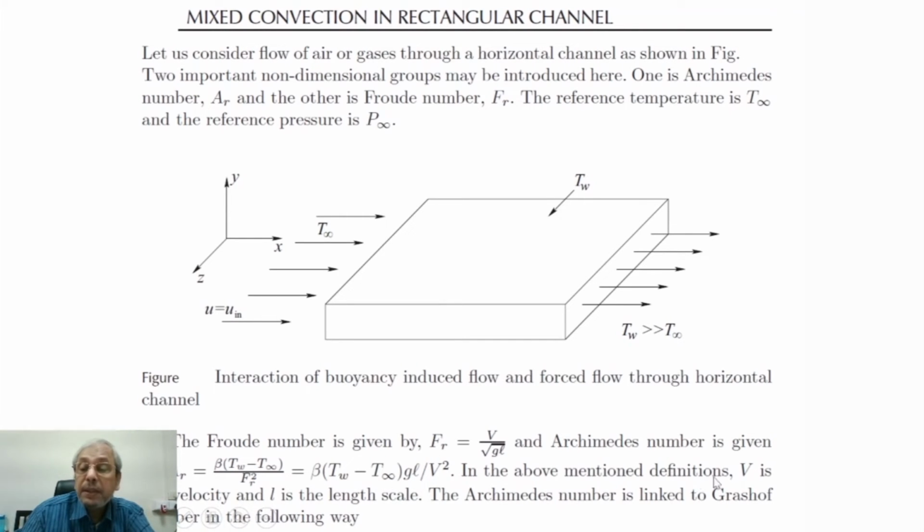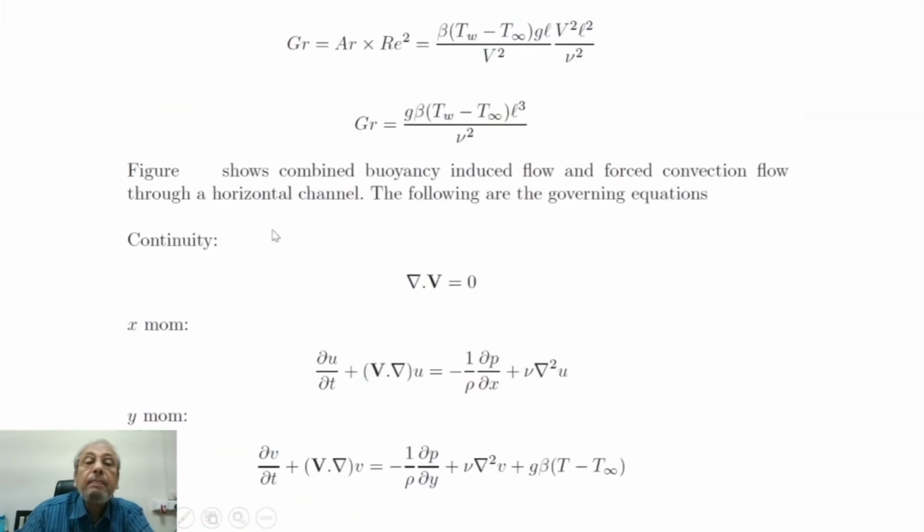In the above mentioned definitions, V is the velocity and L is the length scale. The Archimedes number is linked to the Grashof number as well, and we can write the Grashof number as the Archimedes number into the Reynolds number squared. So we write the Archimedes number, beta (T_w minus T infinity) gL by V squared, and the Reynolds number squared is V squared L squared by nu squared.